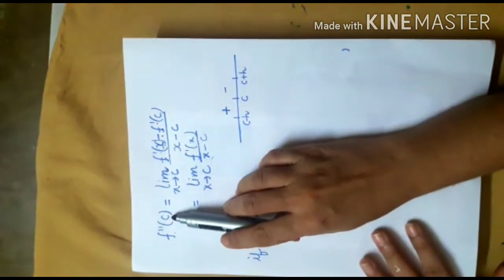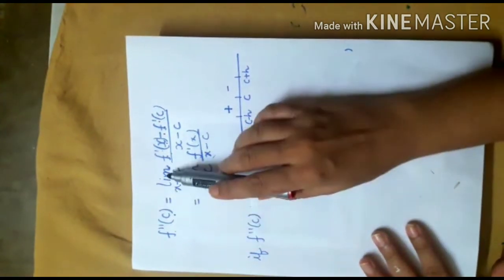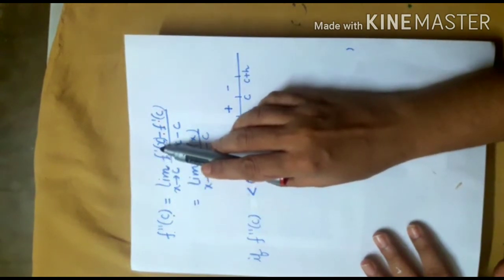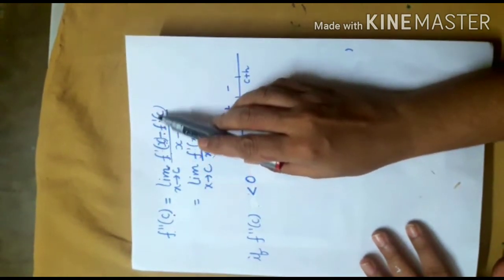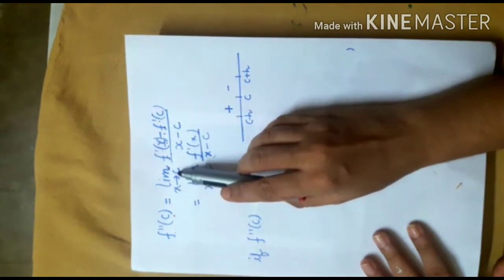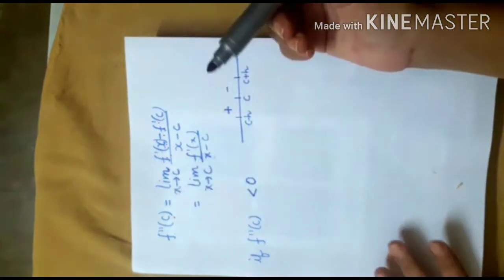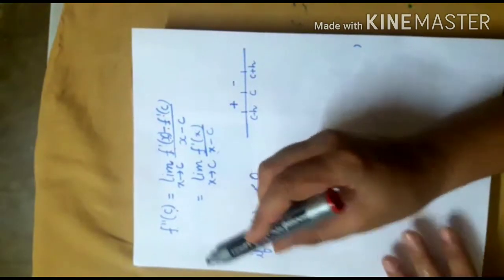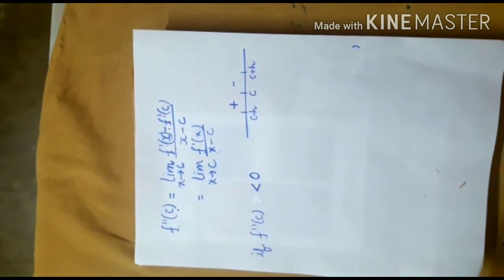The second order derivative at c is given by the limit of f dash x minus f dash c over x minus c as x approaches c. To get the second order derivative, we differentiate the first order derivative, right?